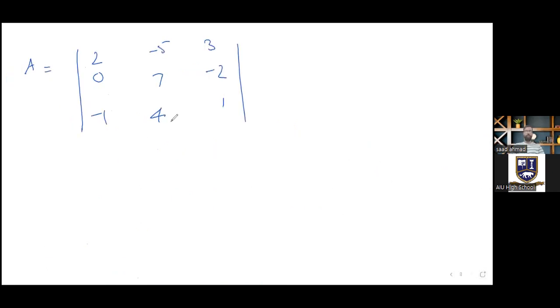Okay, so what we do here is you multiply the diagonal elements. Let me first rewrite it. First we will rewrite it like this.